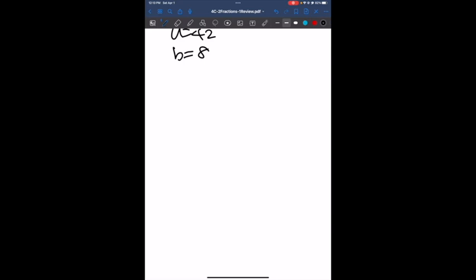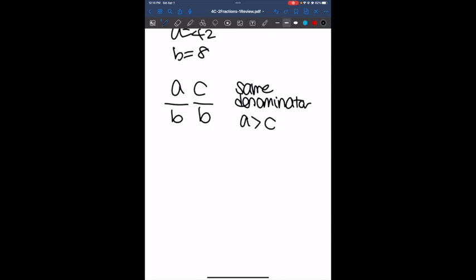For example, if we have A over B and C over B, this is a scenario where the denominator is the same, but the numerator is different. And in this case, A is greater than C, then that means that this fraction is bigger.